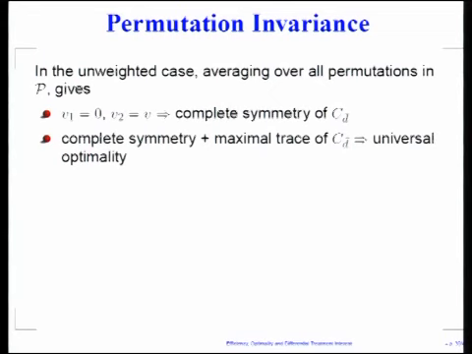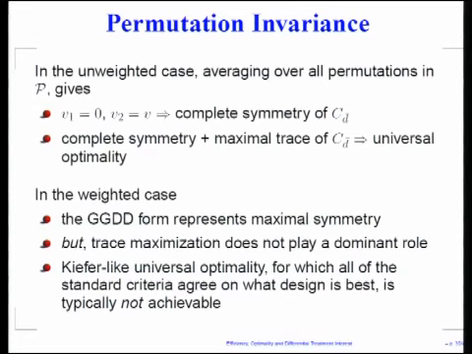Now, if you're doing this in the unweighted case, what would happen? Well, you do all permutations, you get complete symmetry of the information matrix. And we know if we take the complete symmetry and we add on maximal trace, that we're going to get the universal optimality from Kiefer's result. The weighted case, it doesn't work out this way. This generalized group divisible form is the maximal symmetry we can get, but the trace maximization turns out not to be playing so much of a role anymore.